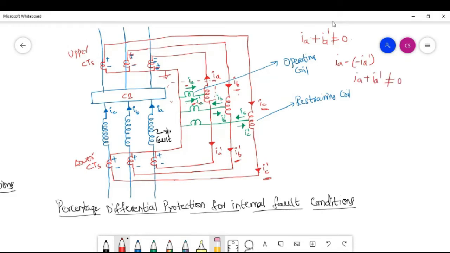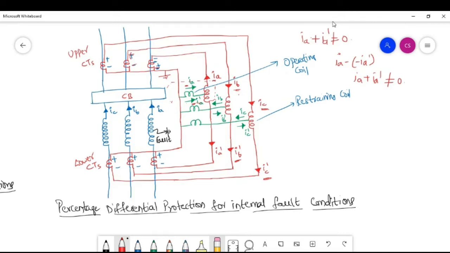This is not equal to 0, because previously it was 0 because of same magnitudes of current, but here it is getting added. In the previous case it is differenced, therefore it is equal to 0, but in this case it is added together and the amount of current is going to flow through the operating coil, and that respective relay will operate.